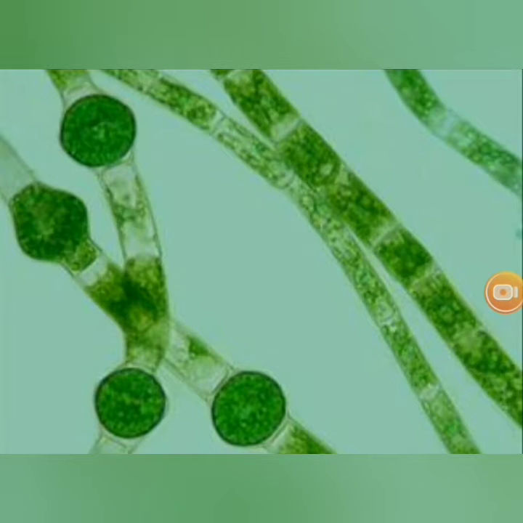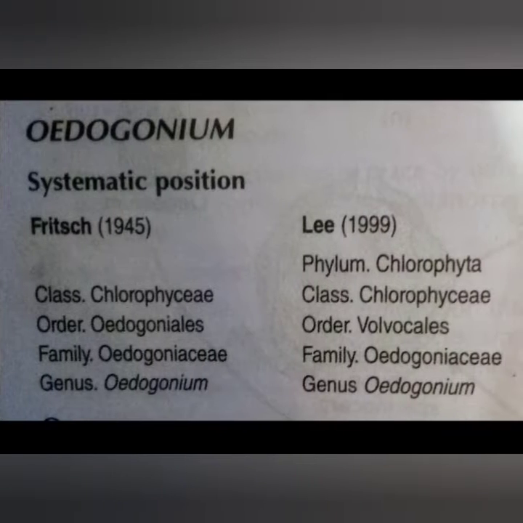Okay, so Oedogonium is an alga. So let us start with this Oedogonium. Now, coming to the systematic position of Oedogonium. According to Fritsch in the year 1945, this Oedogonium belongs to the class Chlorophyceae, order Oedogoniales, family Oedogoniaceae, and genus Oedogonium.